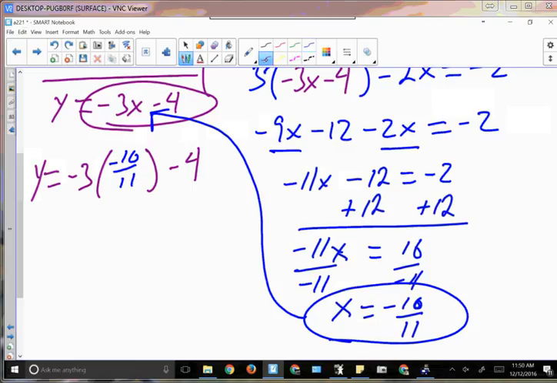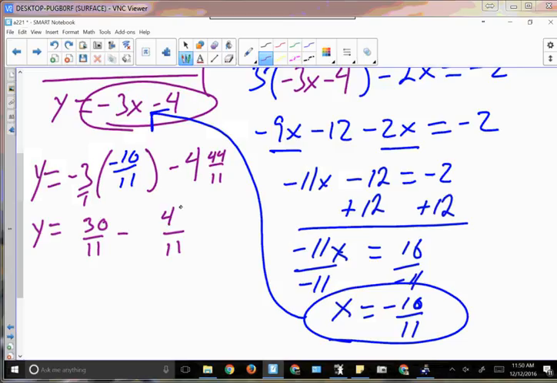So now, work it out. Y is going to be equal to, we could put that over 1, so that gives me 30 over 11 minus, well, we know that this has to be 11, right? So 11, 44, right? 11 times 4 is 44.